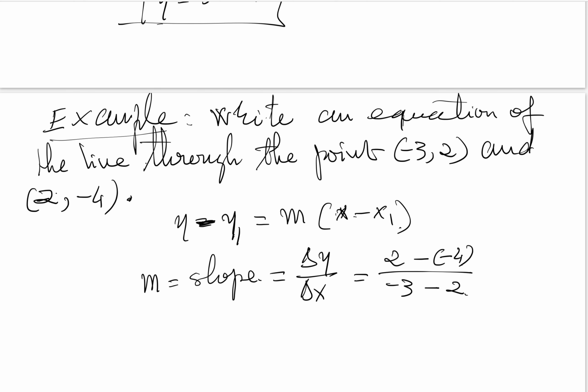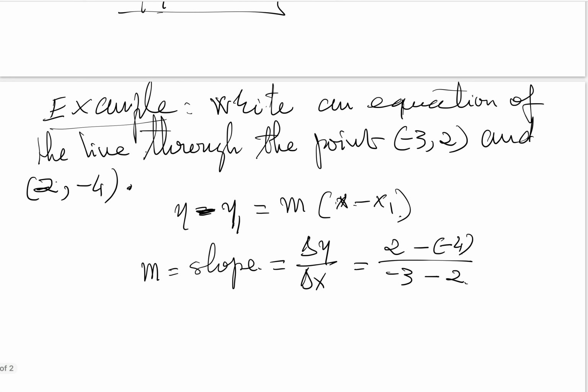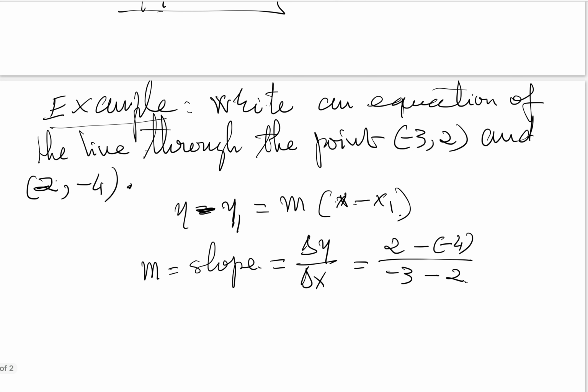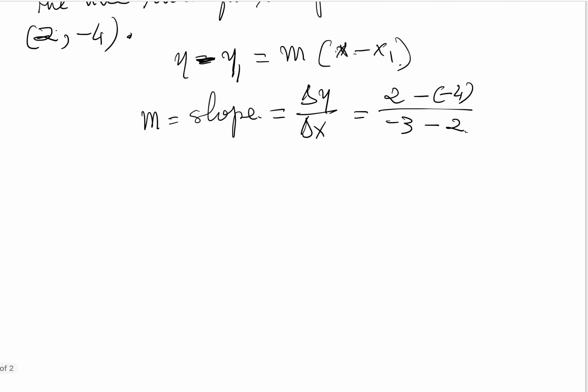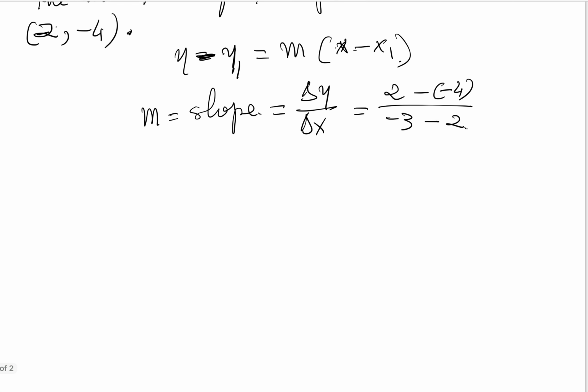Don't ever write down 2 minus parenthesis -4 divided by 2 minus 3, that is wrong, okay? Remember, the point you have here, -3 and 2, that point is right here, -3 and 2, got it? And 2, -4 is right here, 2, -4, got it? Okay, good.